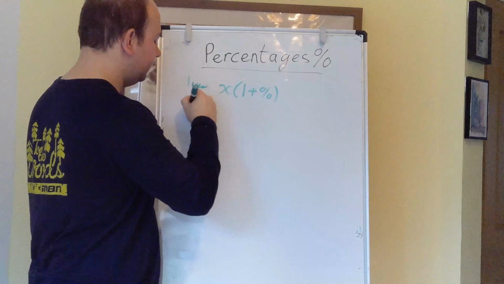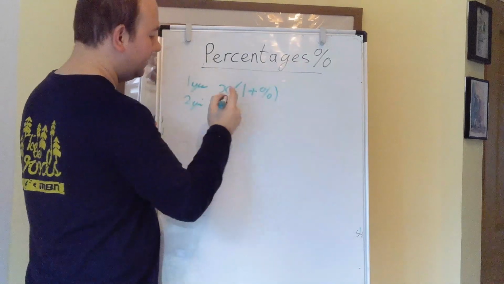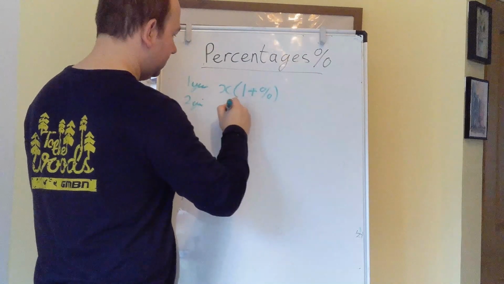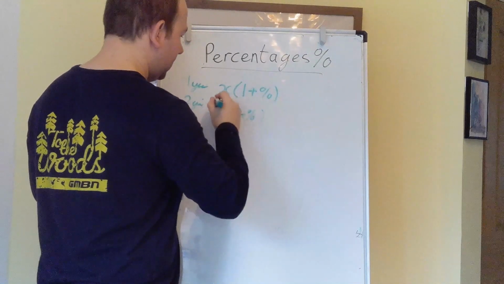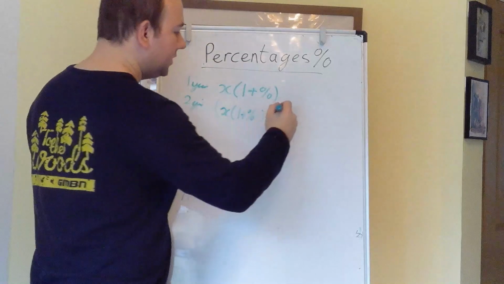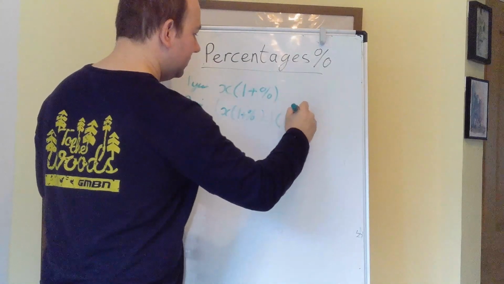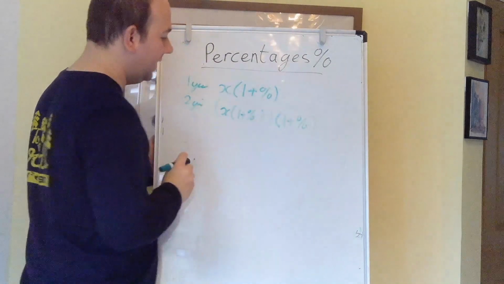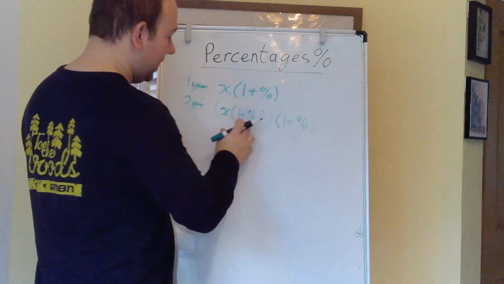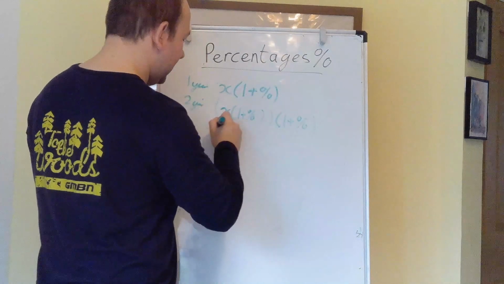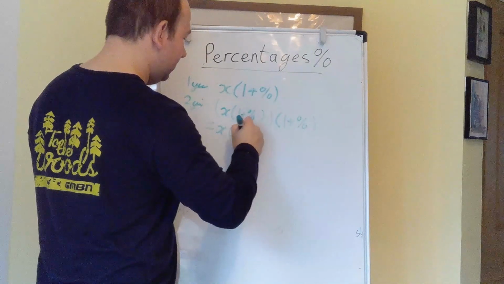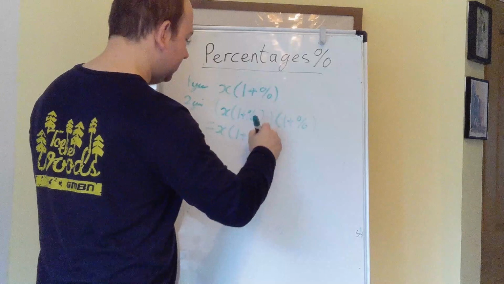After 2 years, you take this value and you multiply it by this again. As you can see, these two brackets are the same, so this is exactly the same as saying x times 1 plus the percentage, squared.